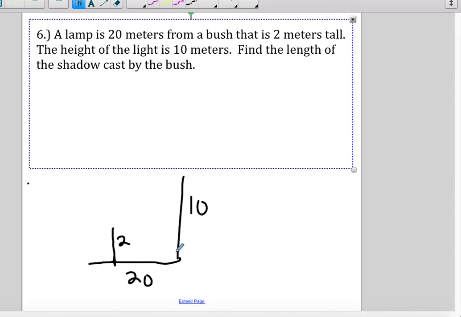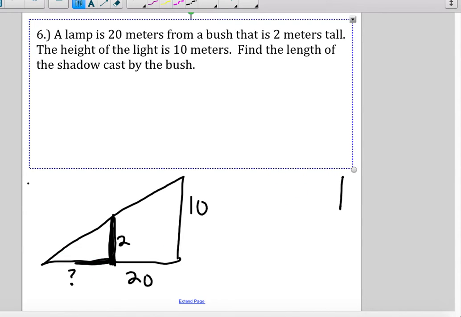So this lamp is 10 tall, and we want to find the length of the shadow that would be cast off of this bush. And so that then would be our two triangles that are overlapping. So the height of the bush is 2, the distance from the bottom of the bush to the light is 20, and so we want to know what is this length here, this length of the shadow.